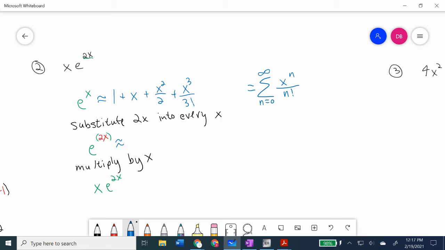Let's manipulate that series. I have 1 plus, and I'm going to put a parentheses everywhere that I have an x. And now I'm going to substitute in.